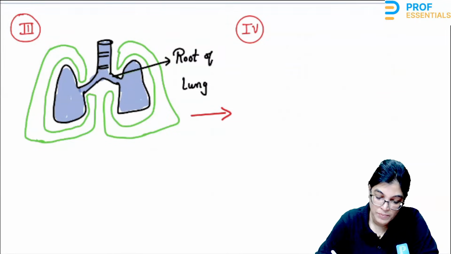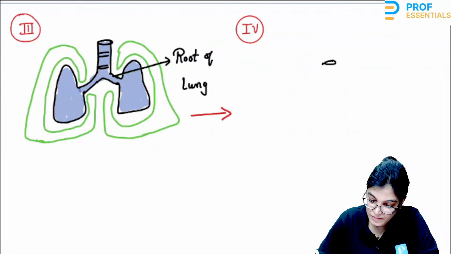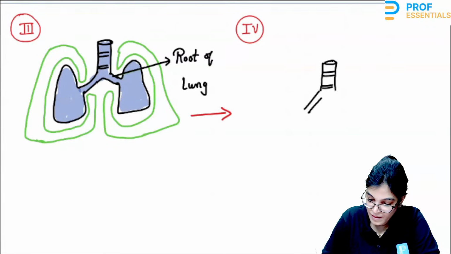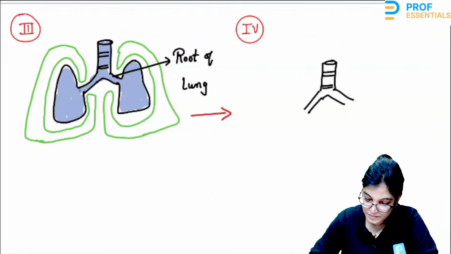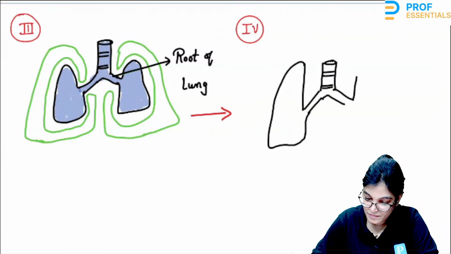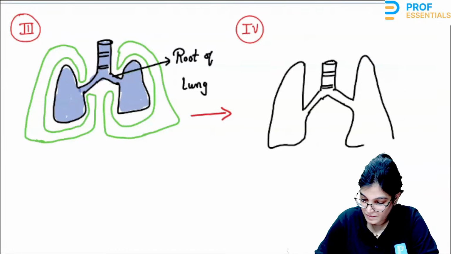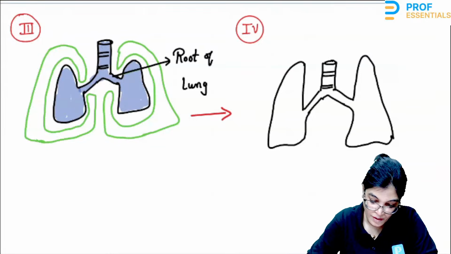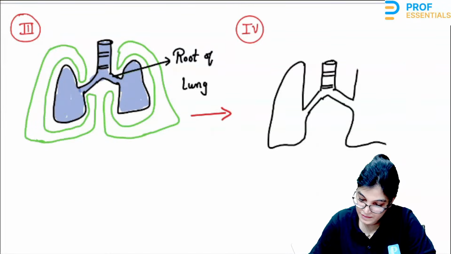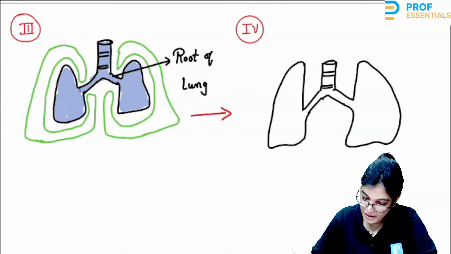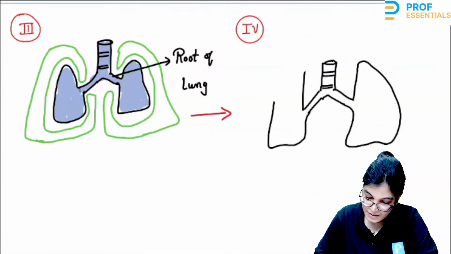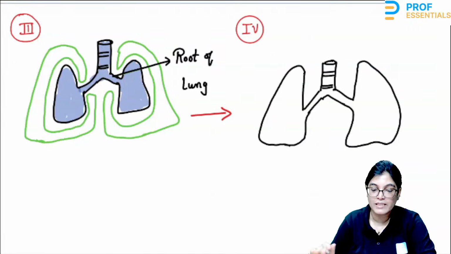And subsequently, in the next stage of development after this, the final lung will be formed. Now the lung is completely formed. Is it okay? Now, my dear students, are you understanding more? Now see, the lung has been formed.